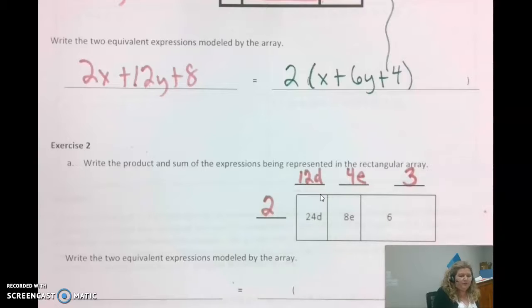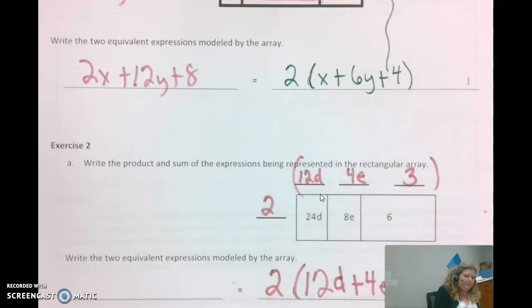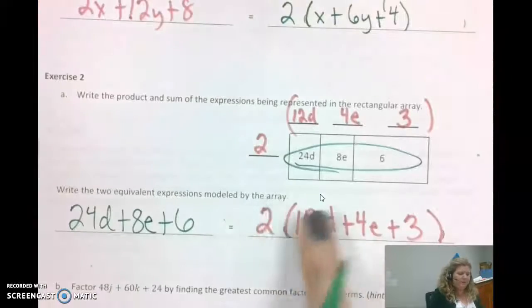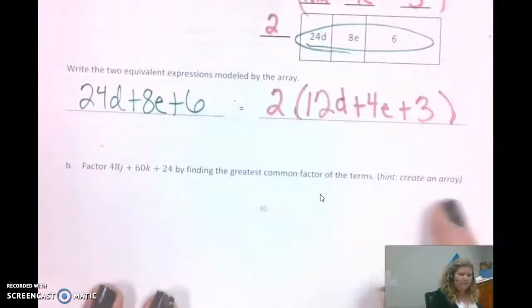These do not have a common factor, so I think I've selected the greatest common factor. This would be 2 times the quantity. Make those parentheses a little larger. And then I'm just getting this from up here. Okay, and then the equivalent expression that is inside this box, you could also get this by multiplying this out.